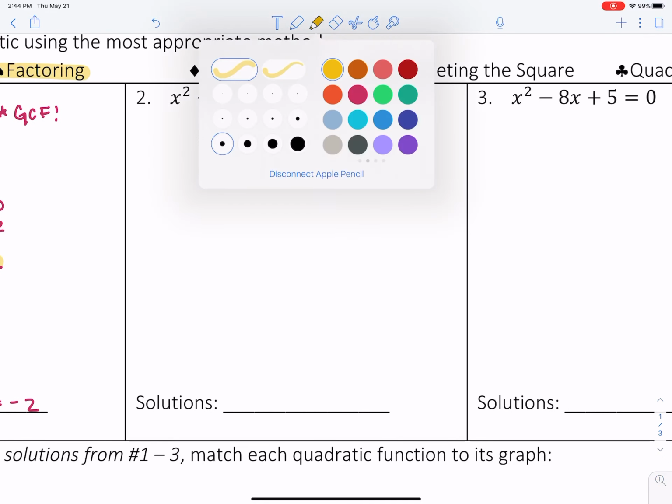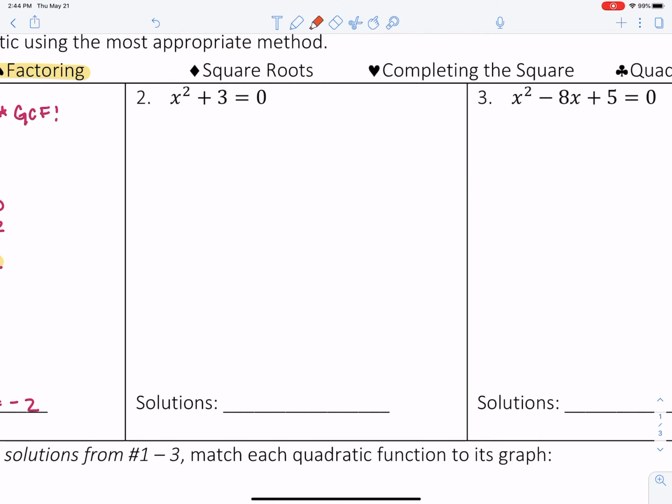And what you might notice about number 2 is that this x squared is the only variable in the equation, meaning that it's missing that bx, and that we're able to solve by square roots. So I'm going to make a note here that there's no bx term. And when there's no bx term, we just try and isolate that x squared. x squared is equal to negative 3.